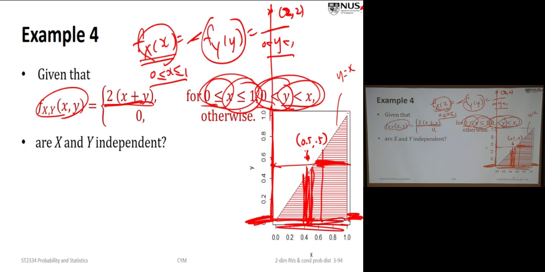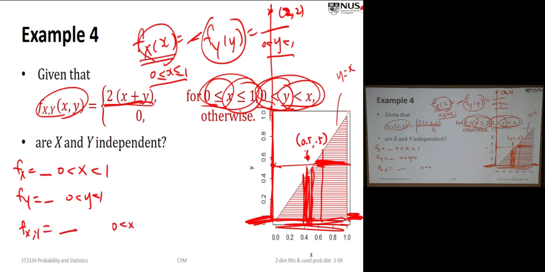We call it a product space. So if f of x is valid over this, f of y equals something when y is between 0 and 1, then we need to look at f of x y equal to a certain expression over this region. We call it a product space. And this is the multiplier times.